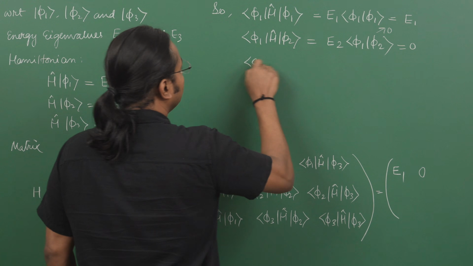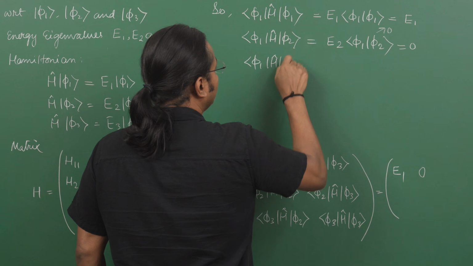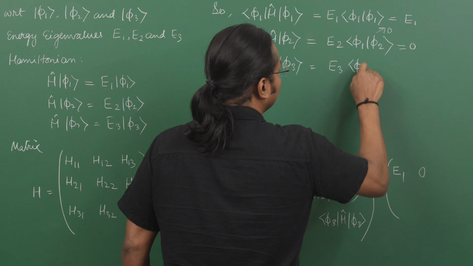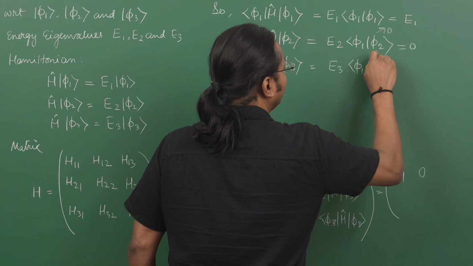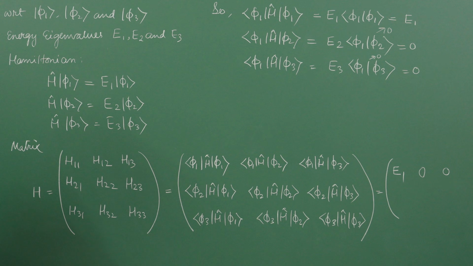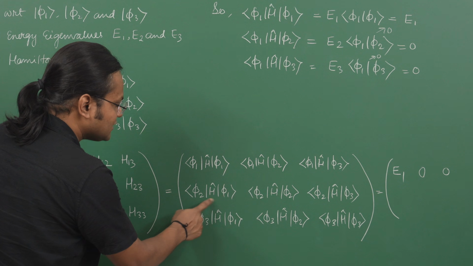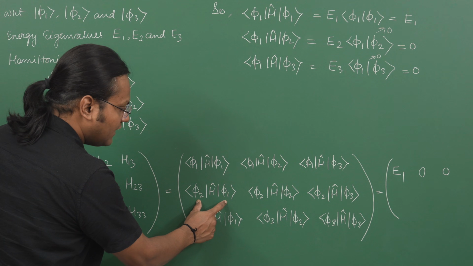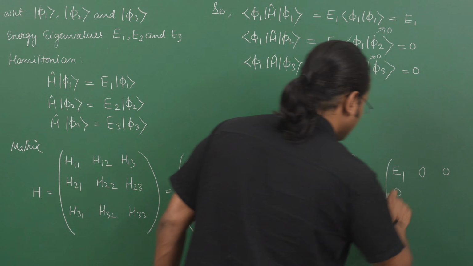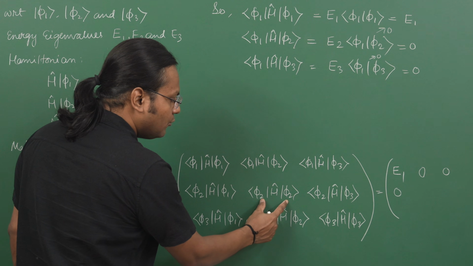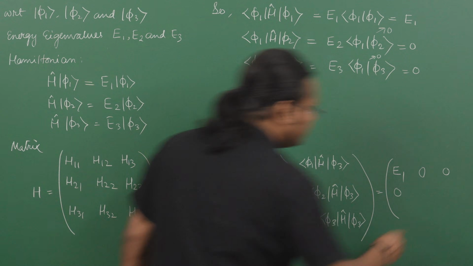For the third term, phi1 Hamiltonian acting on phi3, the inner product of phi1 and phi3 is 0, so therefore you end up getting 0 here. See? We can repeat the calculations, but now I think it's kind of obvious. If the Hamiltonian acts on phi1, we get E1 phi1. Inner product of phi1 with phi2 is 0, so we get 0 here. Hamiltonian acting on phi2, we get E2, and the inner product of phi2 with phi2 is 1, so we get E2 here.